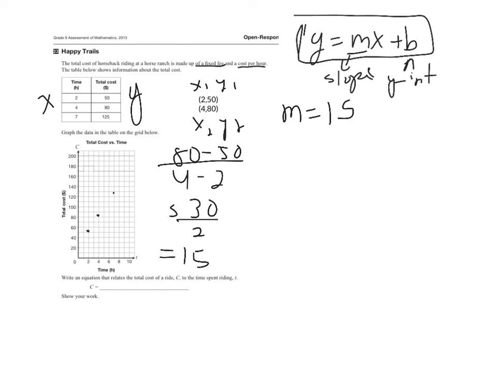If it costs me $15 an hour to ride a horse, but for 2 hours I paid $50, I need to find out what the additional fee is. You can probably do this in your head, but I'm just going to show you an equation so you can understand the math behind it. That's this equation right here with my y value inputted, and this is my m, and my x will equal 2, and I'm going to solve for b.